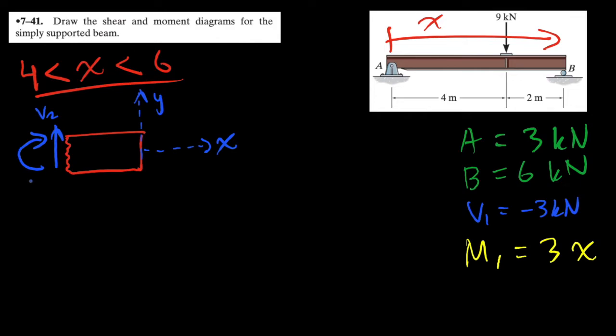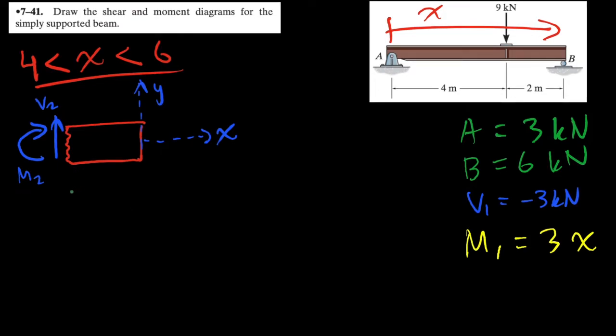This time, we'll notice that the moment contribution convention is now clockwise and not counterclockwise. So that is our M2. Let me draw that out. It's our M2. And we previously stated that the horizontal forces are equal to 0. So the horizontal normal force for this diagram is irrelevant.